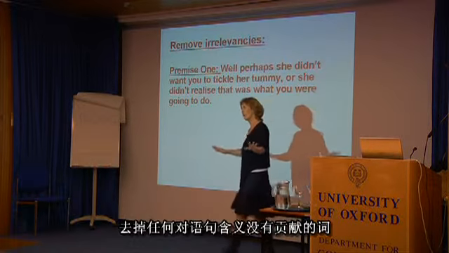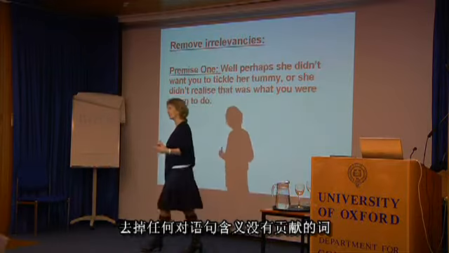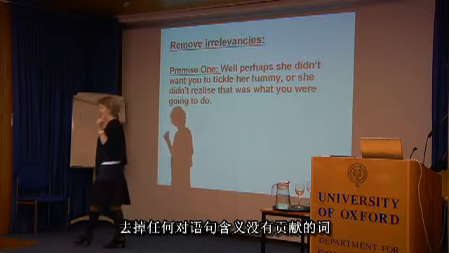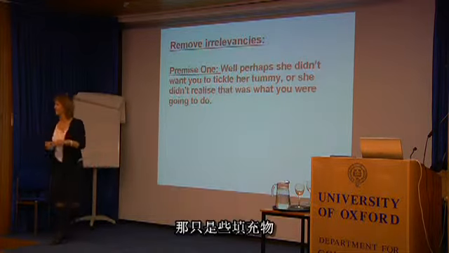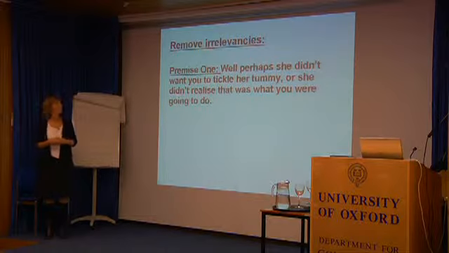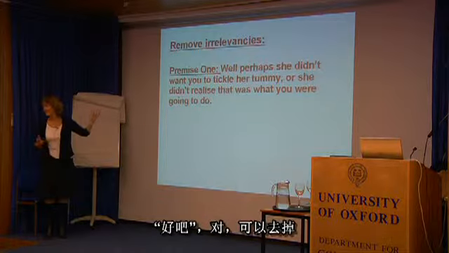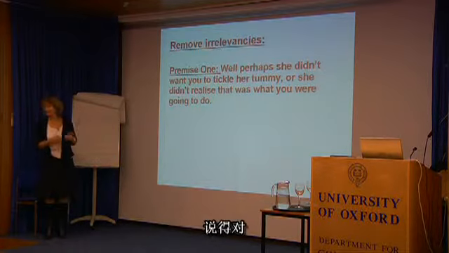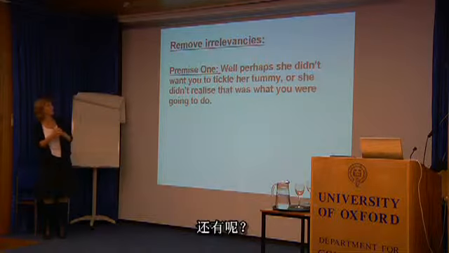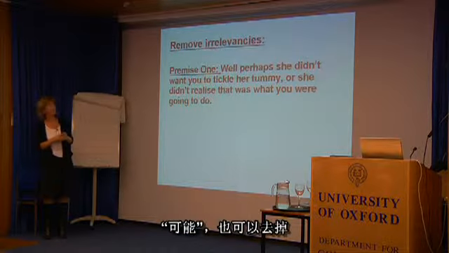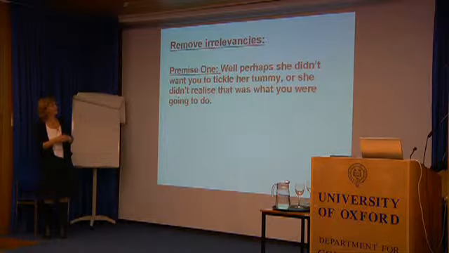Just get rid of any words that are not contributing to what that sentence means, that are just bits of fluff, if you like. Well, yes, that can go, can't it? I mean, that doesn't do anything. What else? Anything else? Perhaps, I think perhaps can go as well. Yep, okay.